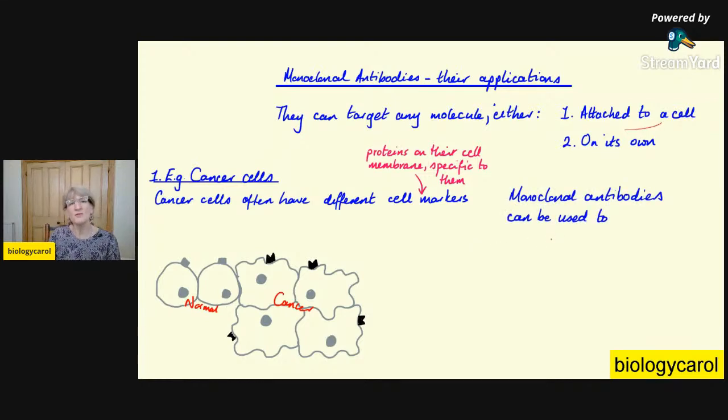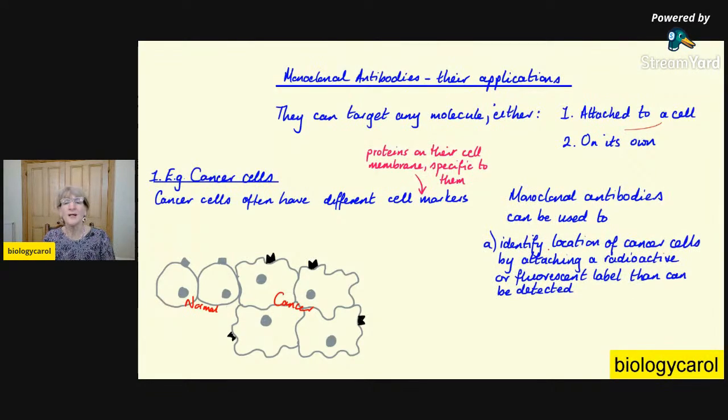So we can use monoclonal antibodies to identify the location of cancer cells in the body by attaching some kind of detectable tag to them, for example a radioactive tag or a fluorescent tag. So here's my little tag attached to the monoclonal antibodies. Notice that the antigen binding site is complementary to the cell marker on the cancer cells, and therefore they bind, bringing about an antigen-antibody complex.